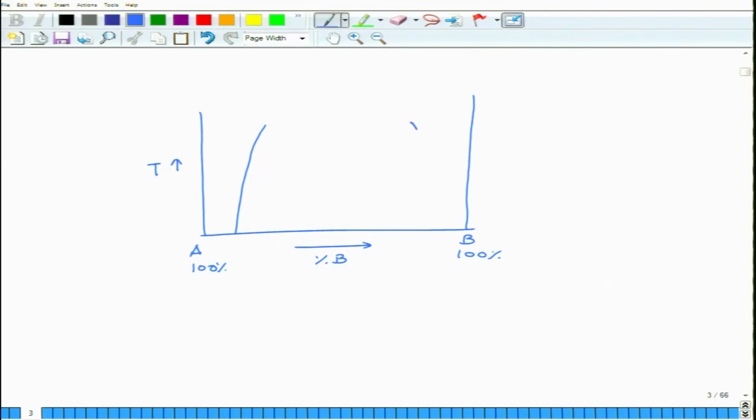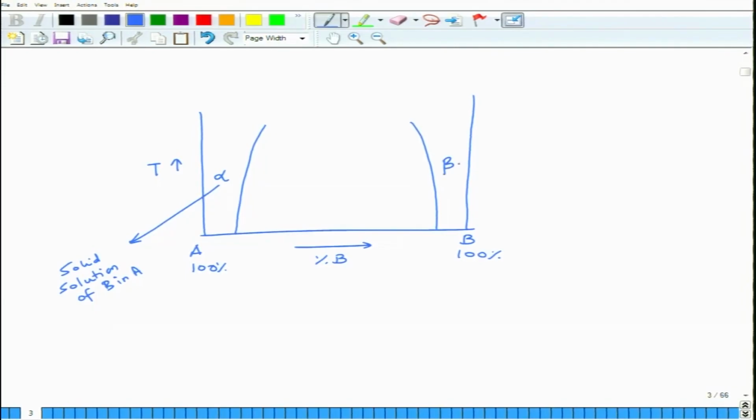Similarly, on this side, you will have these boundaries. Between this and this, it will be, let us say, the alpha phase. The alpha phase is a solid solution of B in A. So basically it is A with some of the A atoms replaced by B.